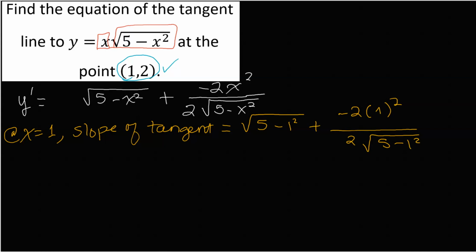Now I guess we could have divided this out to be 1, but it really doesn't matter. We're not after the derivative. We're after the slope of the tangent line at x equal to 1.